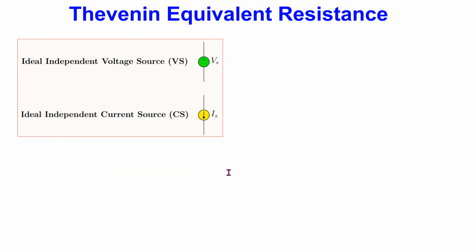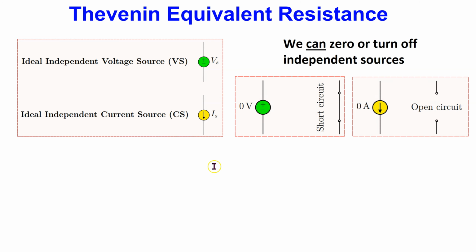Dependent sources need careful treatment when finding Thevenin equivalent resistance for a circuit containing dependent sources. For instance, we can zero or turn off independent sources. When we zero an independent voltage source, we make its magnitude 0 volt, which is equivalent to replacing it with a short circuit.